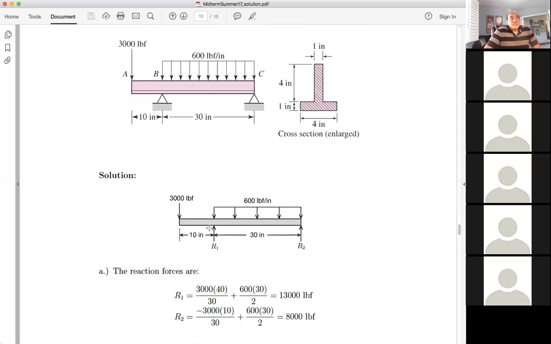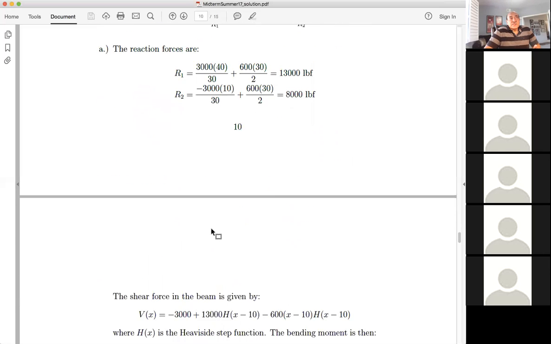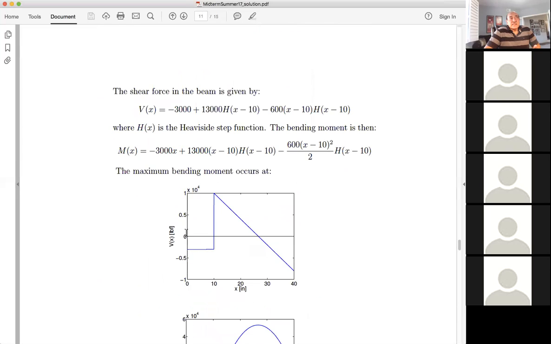So 3,000 here will be shear down, and then it will be reacted by the sum of the 3,000 and the 600 times 30. So it's very simple to get the reaction 1,300, and therefore the shear force diagram looks like this.